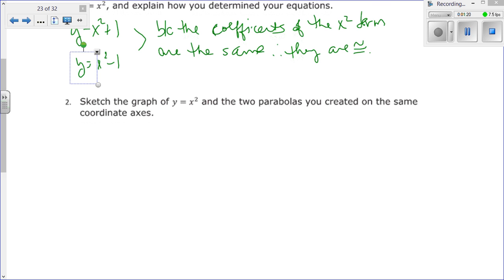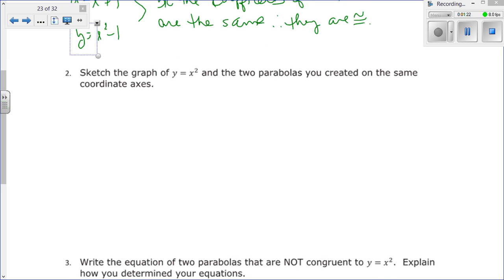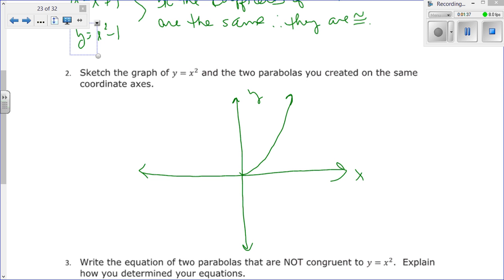Sketch the graph of y equals x squared and the two parabolas you created on the same coordinate axes. Well, y equals x squared looks like this.